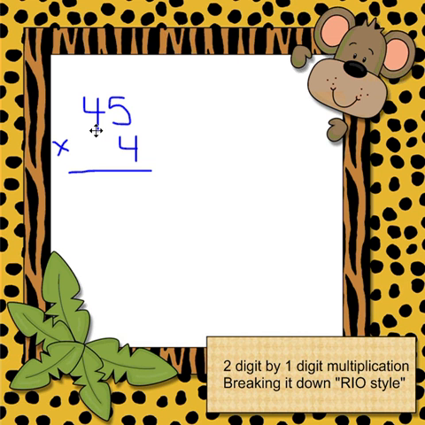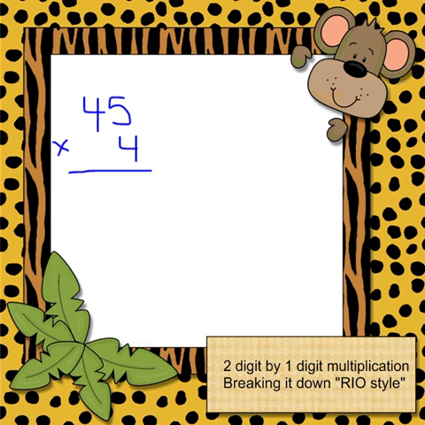Okay, we're going to start with this top number, 45. All numbers have meaning, just like words have meanings and definitions. 45 has a definition, or a meaning, or a value. 45 really means 4 tens and 5 ones.